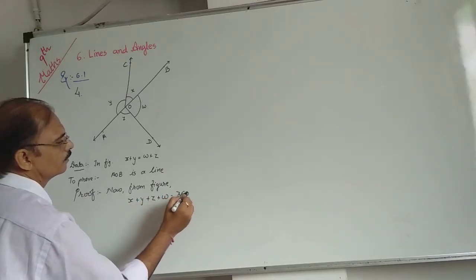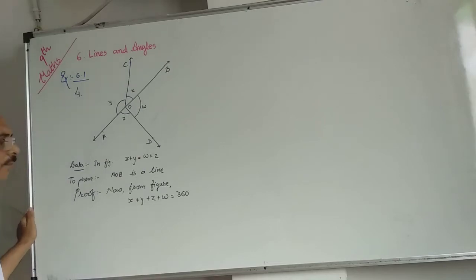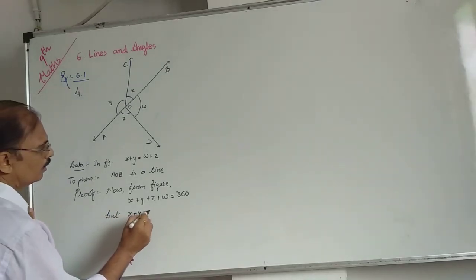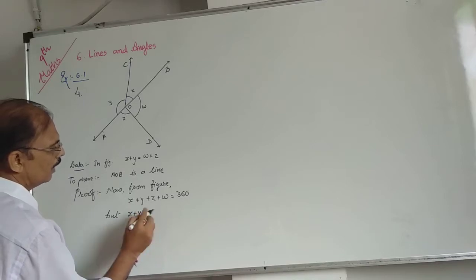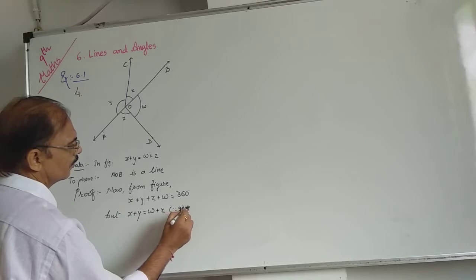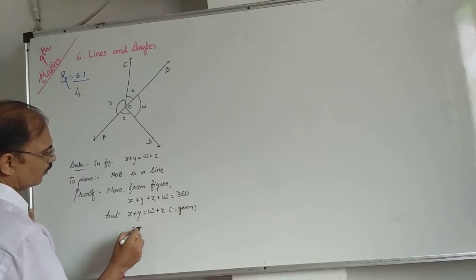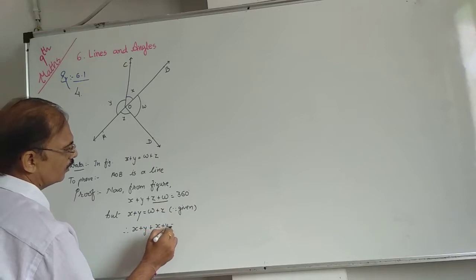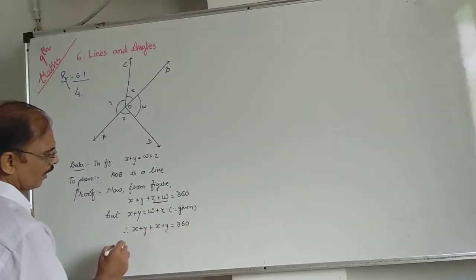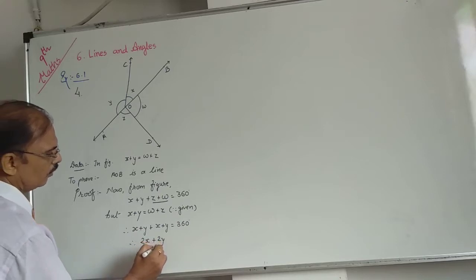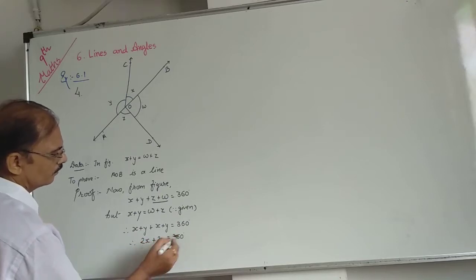Circle means 360 degree, but X plus Y equals to what? W plus Z, given. So I can write X plus Y plus Z plus W, also I can write X plus Y. Now X plus X, 2X plus 2Y equal to 360.